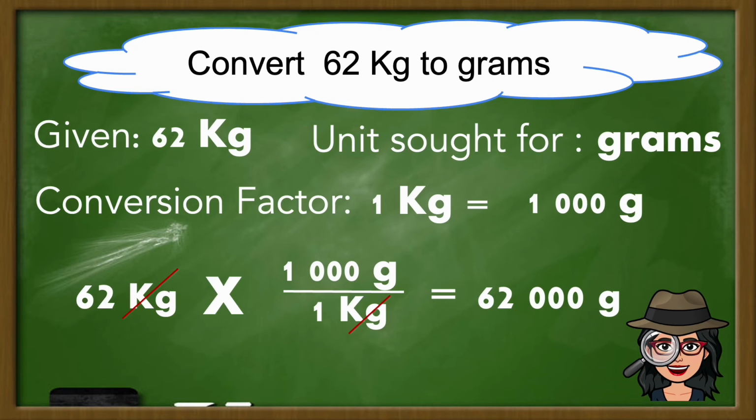Were you able to get the same answer? Good job for that. So remember, kilo means 1,000. So for every 1,000 grams, that is equivalent to 1 kilogram. So don't forget the meaning of the prefixes that can be seen in the unit of measurement.